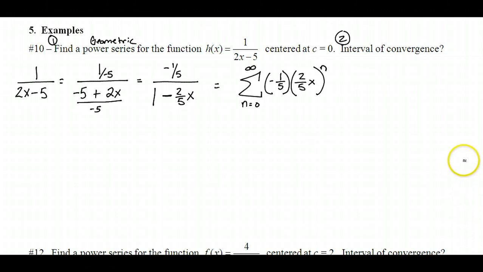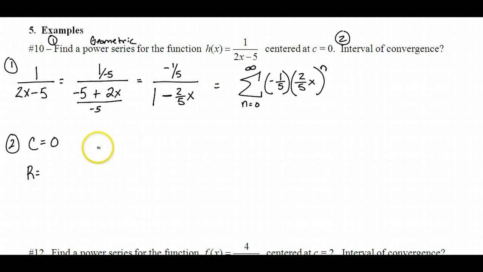Number 2, or the second part, is to identify our interval of convergence. Well, we know with this one we're centered at 0, or where x is equal to 0. It's geometric. So when we have to find our radius, we say, well, that common ratio, the 2/5 x, has to be less than 1 in absolute value. We're centered at 0, so I just have to get x by itself.